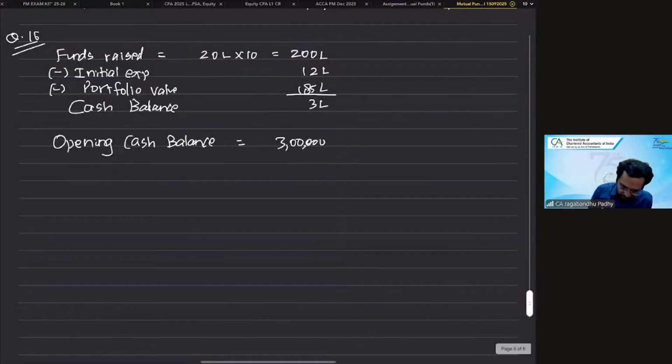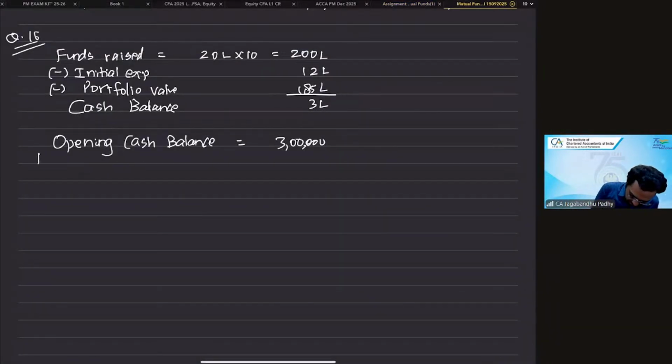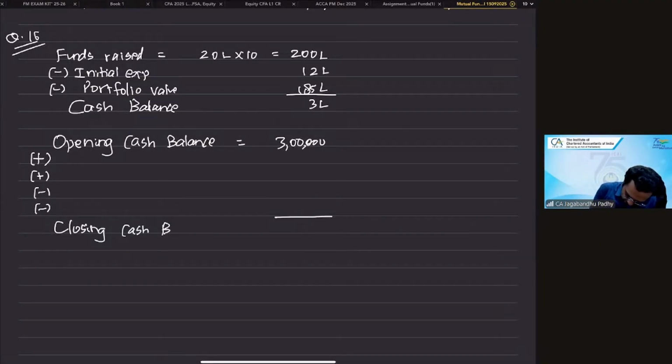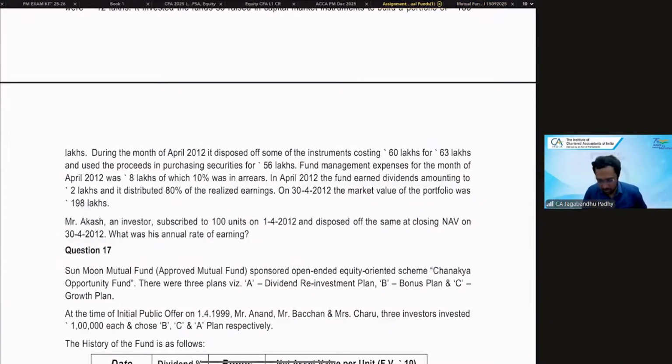I need to give effect of those additions and subtractions and then arrive at the closing cash balance, because I need that first. Only then can we think about calculating the NAV and all such things.